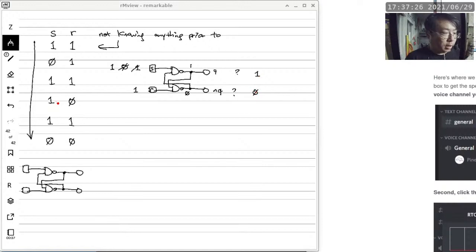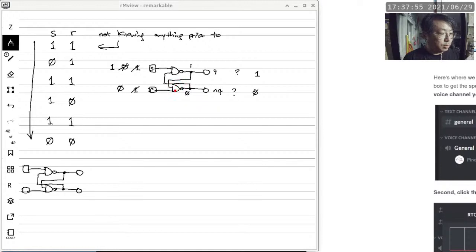Then we move on to this one, where R is changed from a 1 to a 0. So what's going to happen now? Once again, we'll track down the changes. Because R is changed, the one thing that is going to see the change immediately is this NAND gate N2.